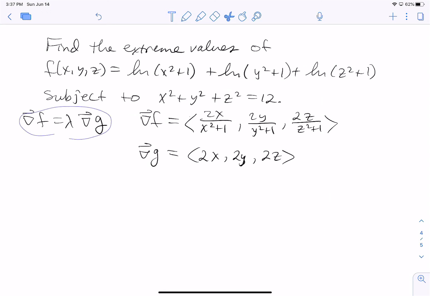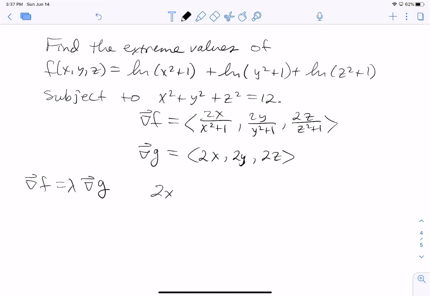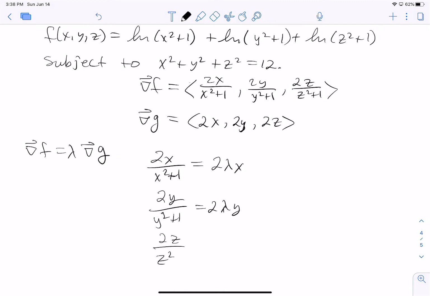So setting up the equations given by del f is equal to lambda del g, we have that 2x over x squared plus 1 is equal to 2 lambda x. 2y over y squared plus 1 is equal to 2 lambda y. And 2z over z squared plus 1 is equal to 2 lambda z.